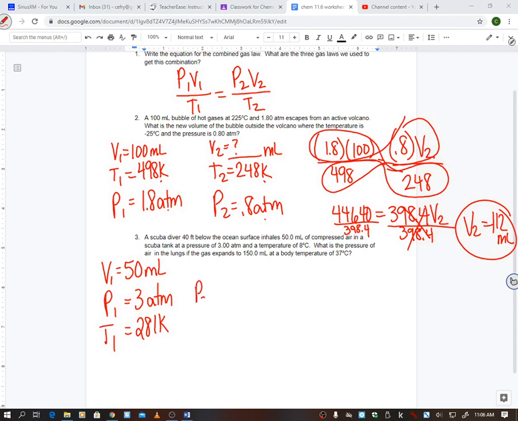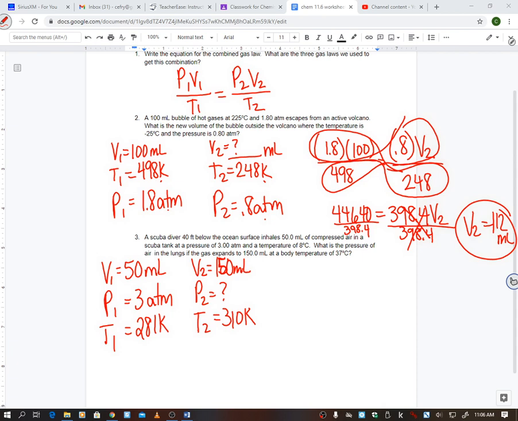So I know right away, I do not know my pressure of air in the lungs if the gas expands to 150. So my volume is now 150 milliliters inside my lungs. The new temperature is 37 degrees Celsius, so I have to add 273 to that. So that is 310 Kelvin. So all my units match up.